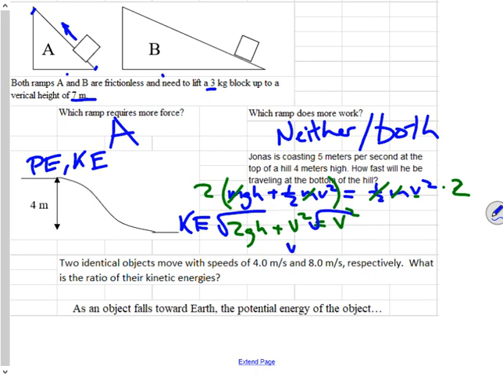And we have v is equal to the square root of 2gh plus v squared. That v squared does not cancel out, remember. So we're going to plug it in, and we'd have 2 times 9.8 times your height of 4 plus your 5 squared, and you get an answer of 10.2.